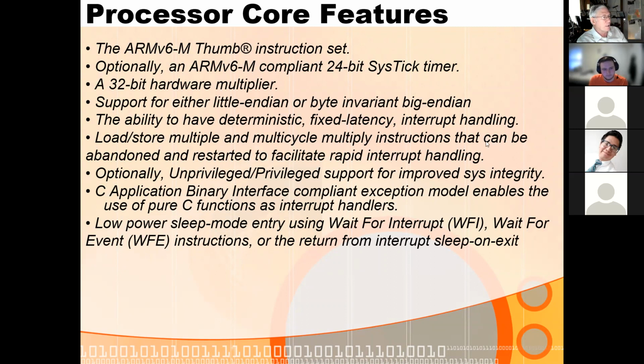When you get interrupted during one of these instructions, which might take a whole bunch of clock cycles because it's going to move maybe several bytes or several words, the chip will abandon them in mid-course, service the interrupt, and then go back and restart these multi-cycle instructions, cleaning it all up in a way where it works correctly and you get the right results. That's pretty challenging to do, so that's really a nice feature.